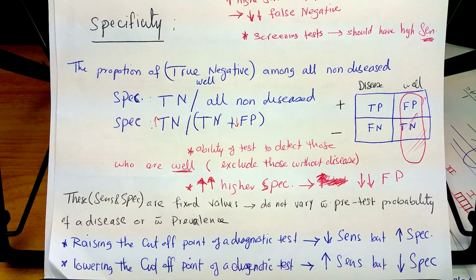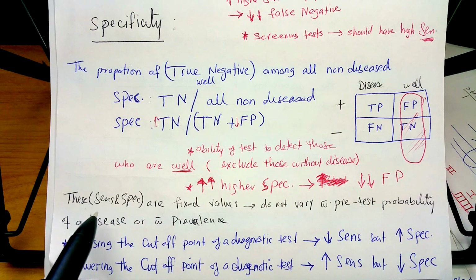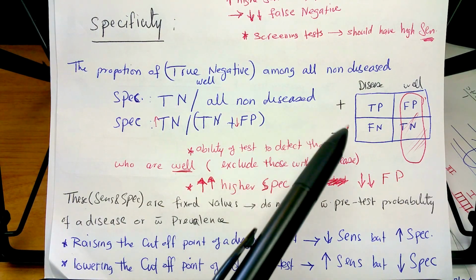So, one thing to know is that sensitivity and specificity are fixed values. They do not vary with the pretest probabilities of the disease or the prevalence. These are measures for the test itself.